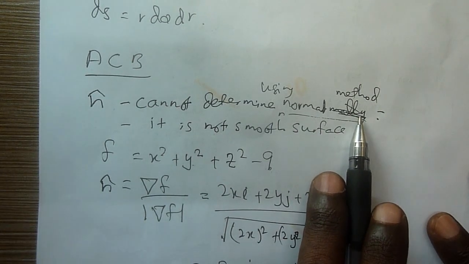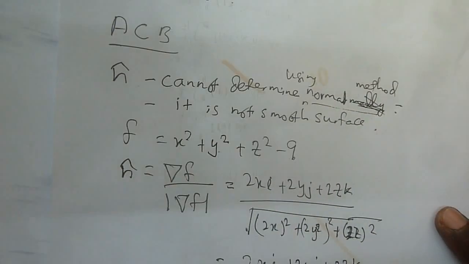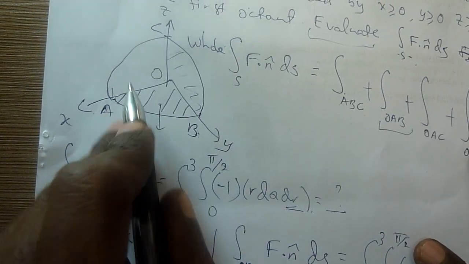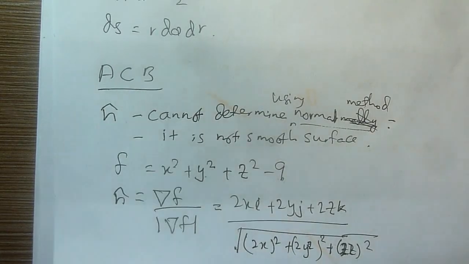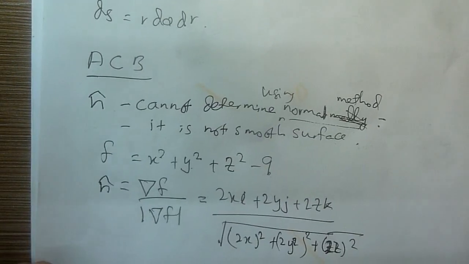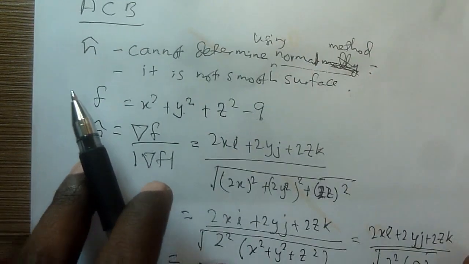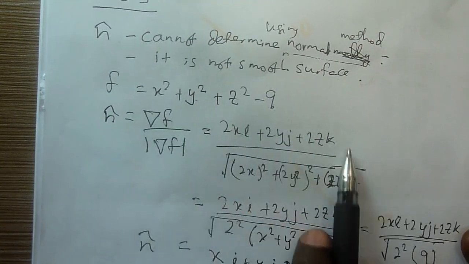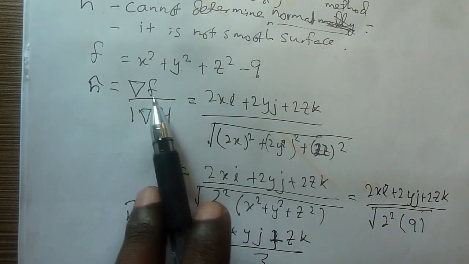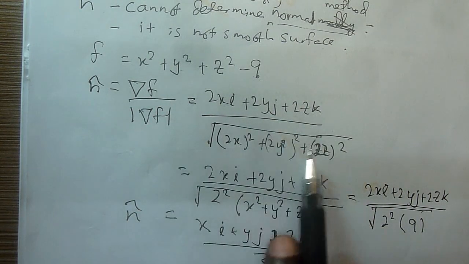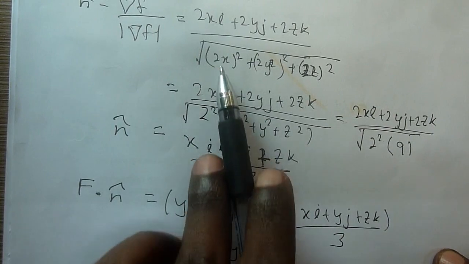The surface is not smooth, therefore we need to calculate the gradient. How to calculate the gradient? You have seen the calculation is very straightforward as usual.